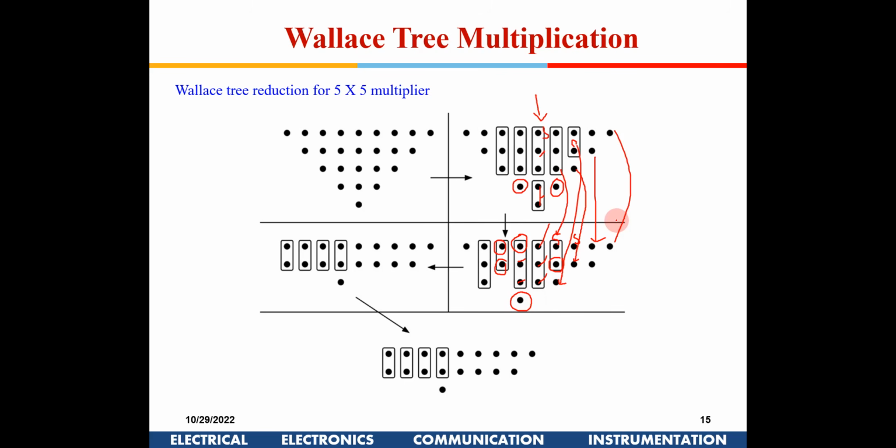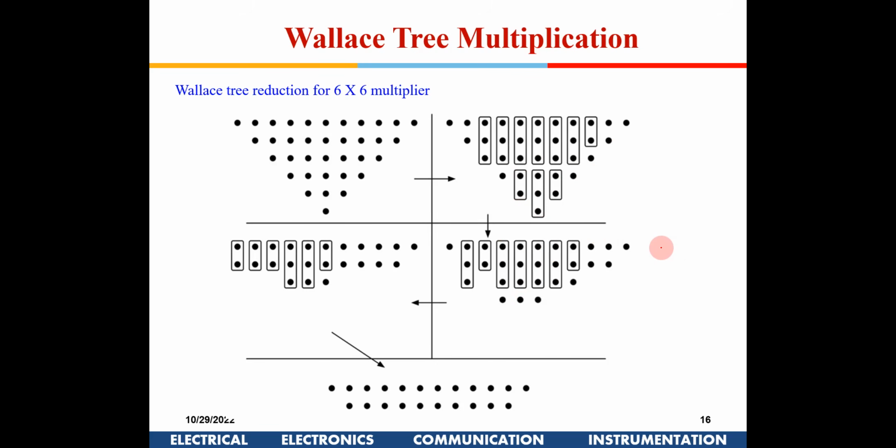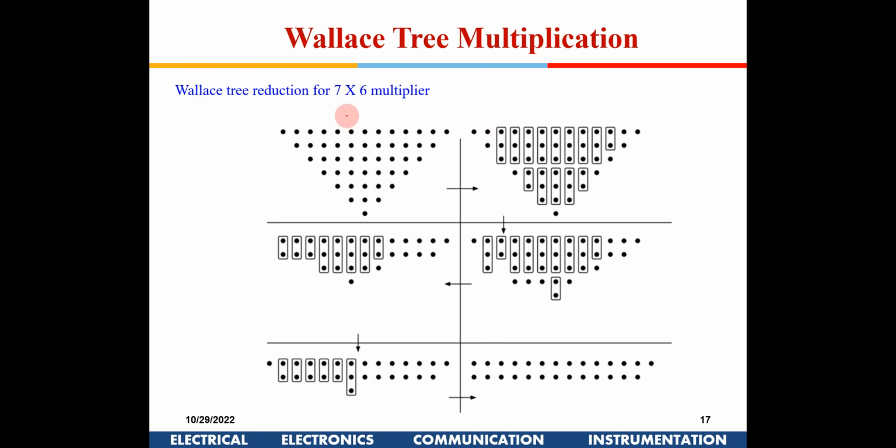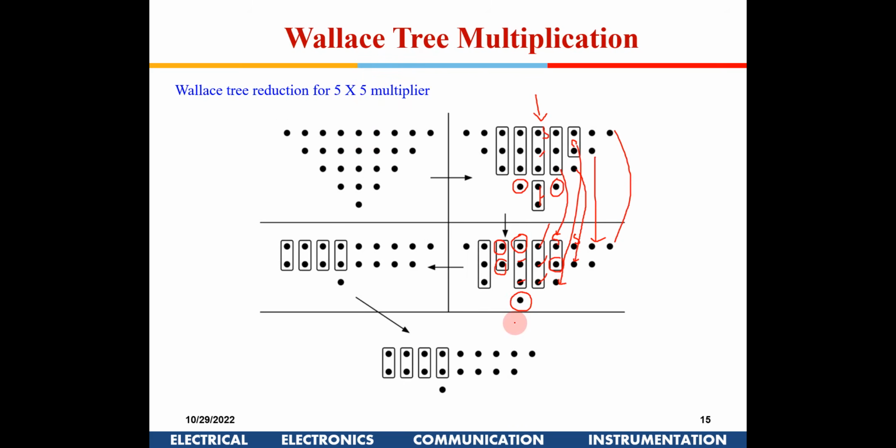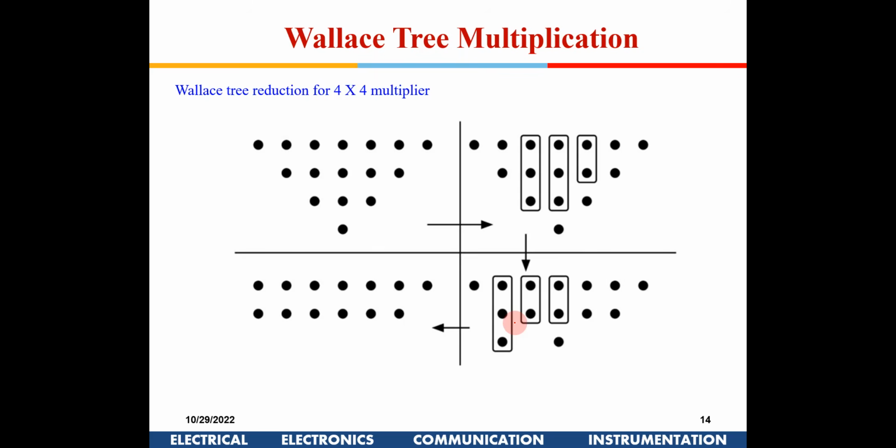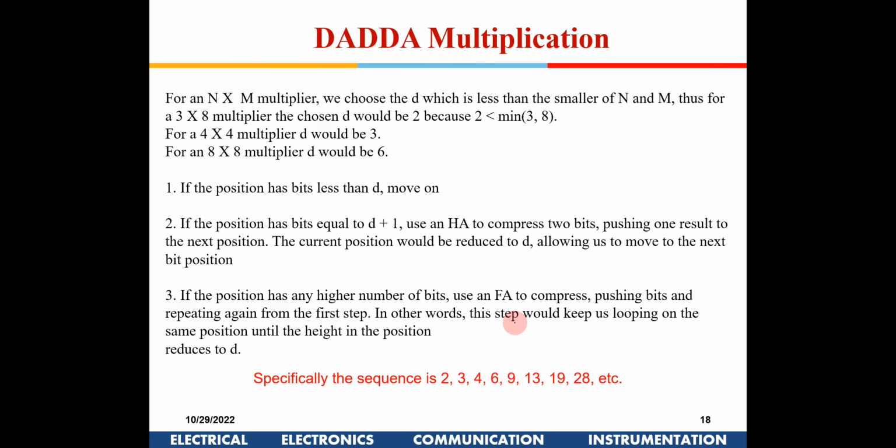I'm not sure, but probably you can figure it out. I think 6 by 6 and 5 by 6 will be the same, and it will only increase when you go to 7 into 6. You can try to figure it out, and maybe you can refer to this book if it gives something for the number of stages.